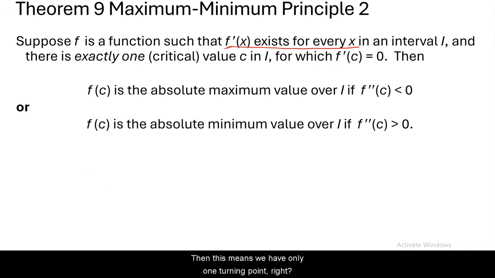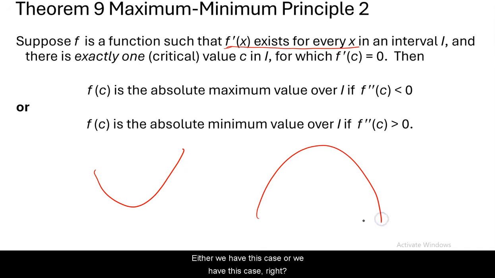Then this means we have only one turning point, right? Either we have this case or we have this case, right? So this f of c is either your absolute minimum or your absolute maximum.